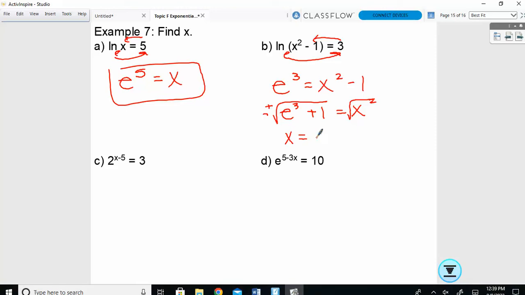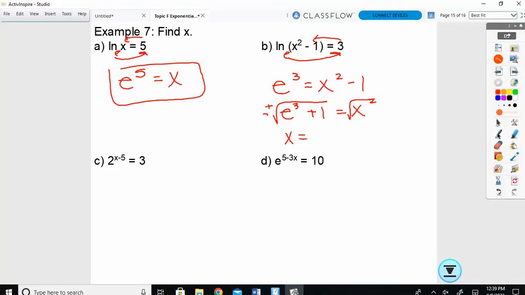But remember with logs, the base is just like the base of an exponential, so it has to be positive. The argument is like what it's equal to. And if you take a number to a power, you always get a positive, right? So when we are dealing with logs, if I did y equals log base a of x, both a and x have to be greater than 0.